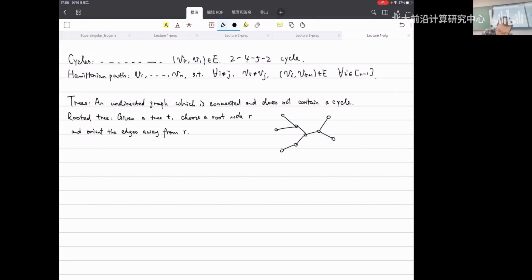For instance, let's assume this is the R here. This is the tree, and this is a rooted tree. It's going to be something like this.